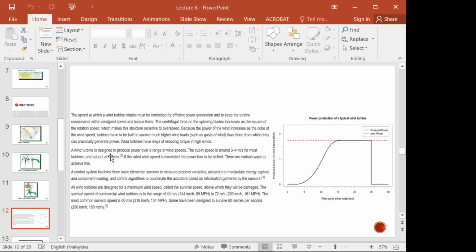A wind turbine is designed to produce power over a range of wind speeds, because the wind speed is variable. It is not constant. We know that.